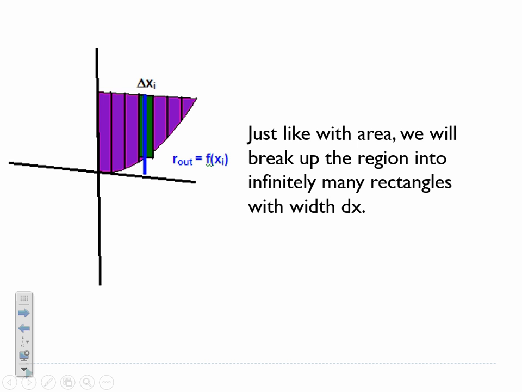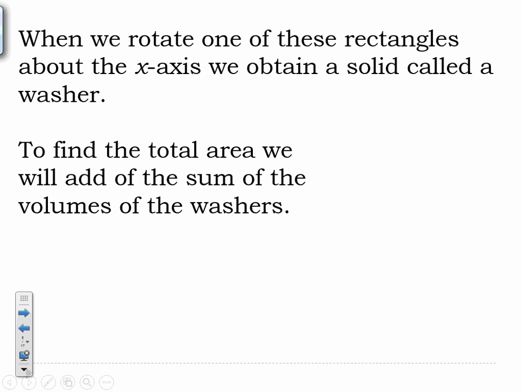And what we're going to do with these rectangles is rotate them around whatever axis. When we take a rectangle and rotate it about an axis, we're going to get a circular disc or a washer.